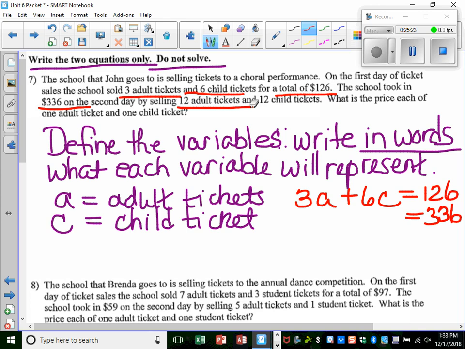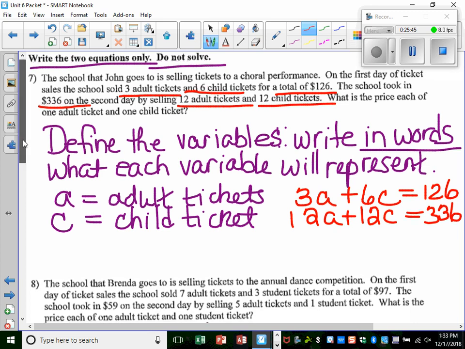You had 12 adult and 12 children. That's all I want you to be able to do right now. We'll solve it later, because I'm going to show you another method which helps you to solve this type of system.